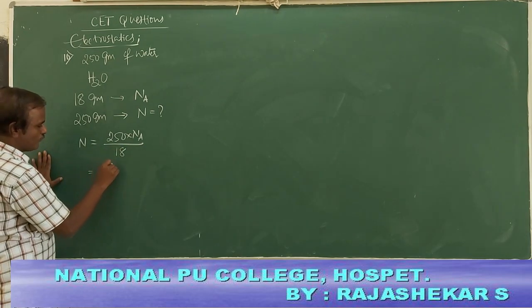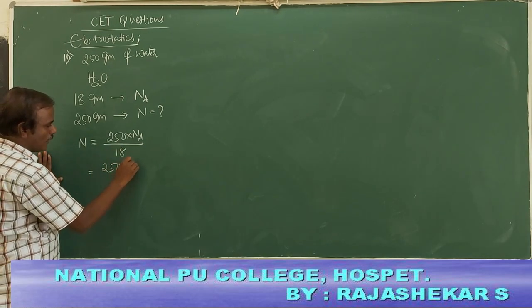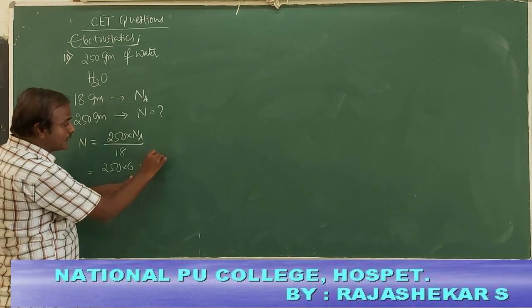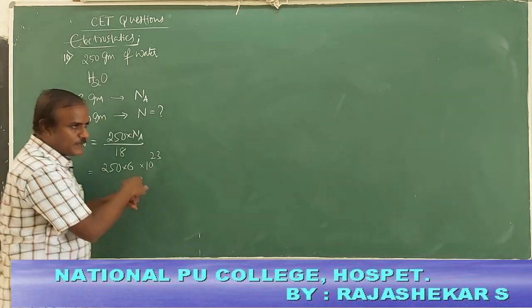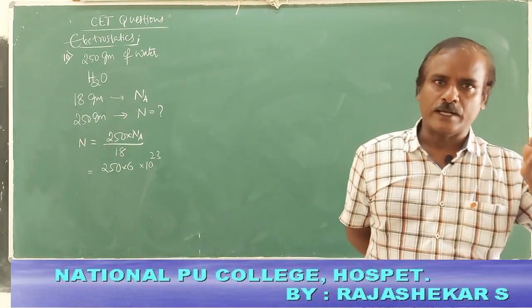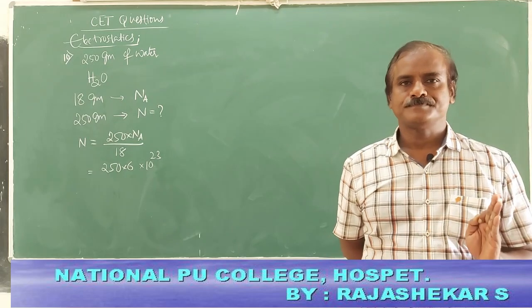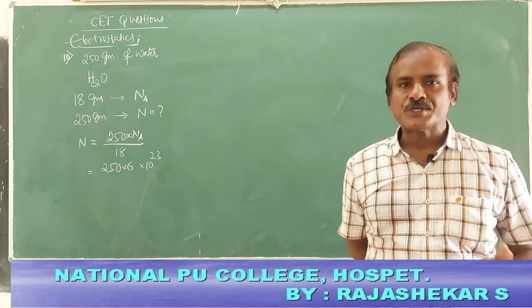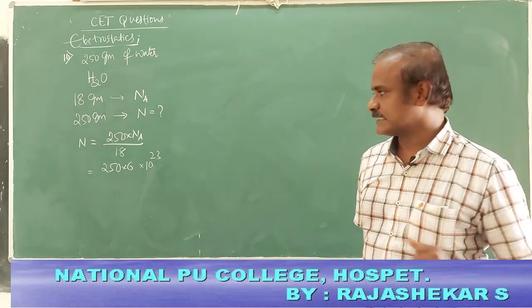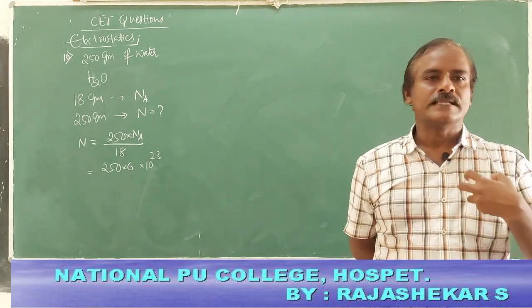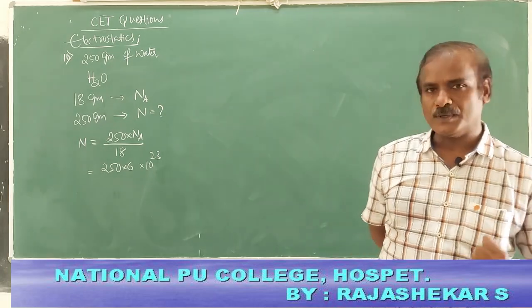This is 250 into Avogadro number, which is 6.023 into 10 to the power 23, students. I take the approximation 6. And you remember very well, and I told you number of times, while solving objective type of questions, simplification should be made easier, shorter. So hence we have to approximate the numbers, round off the numbers.